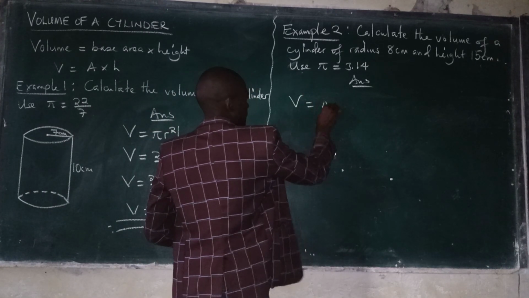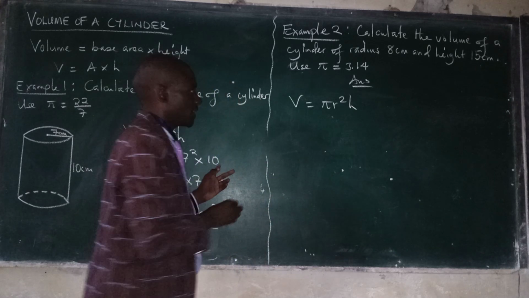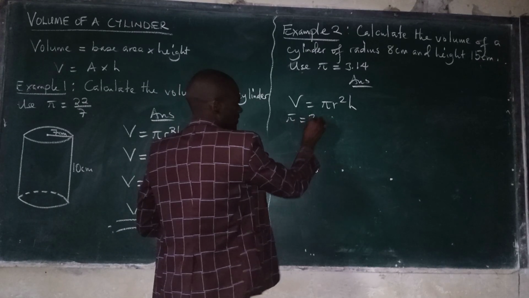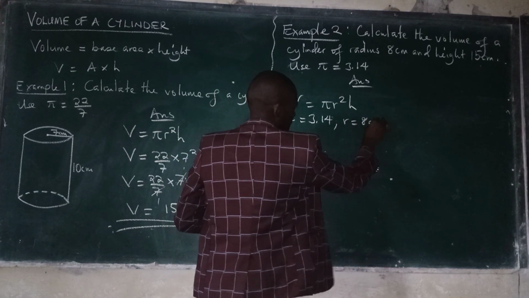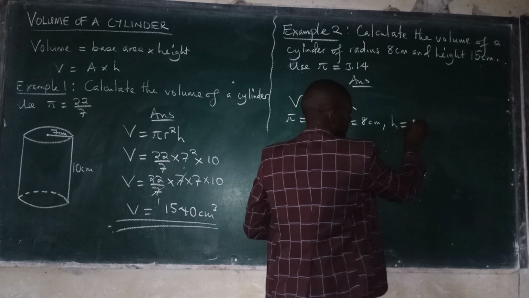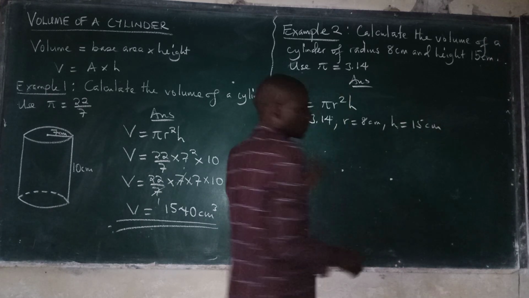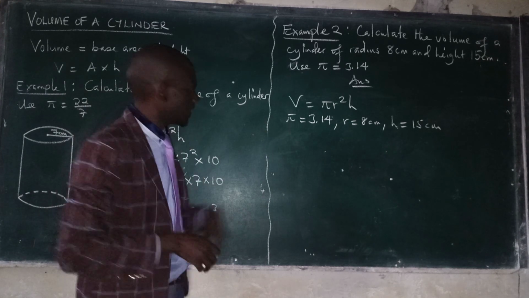Volume is equal to pi r squared h. Now the information given, our pi is 3.14, our radius is 8 centimeters, and then our height is 15 centimeters. So with this information, all you do is just plug it into the formula.